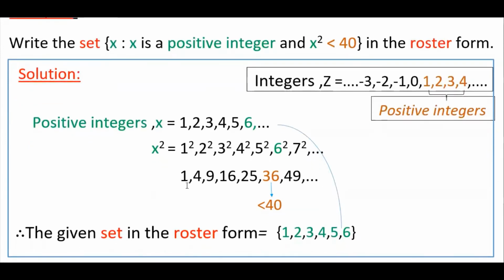These square numbers are less than 40. But in the roster form, you have to write not the square numbers, you have to write the x numbers. So those are 1, 2, 3, 4, 5 up to 6, because 6 square is 36. So you have to write {1, 2, 3, 4, 5, 6}. This is the set in roster form.